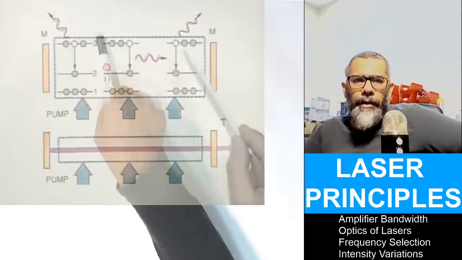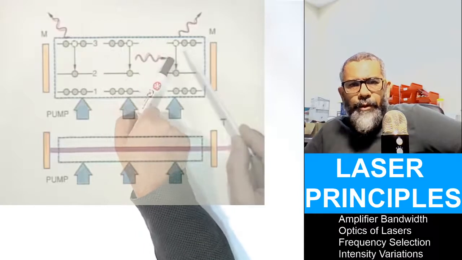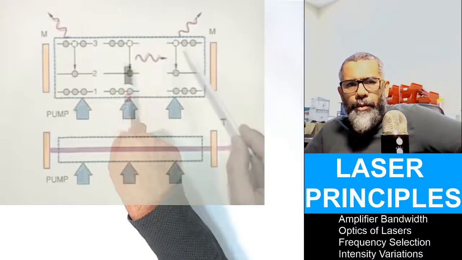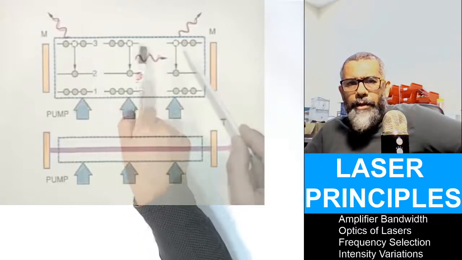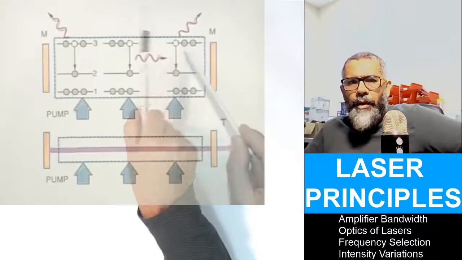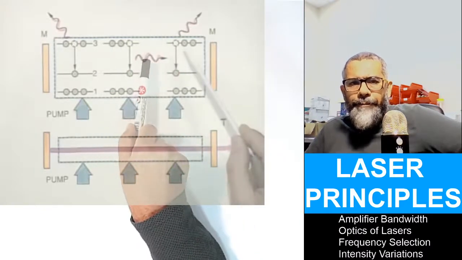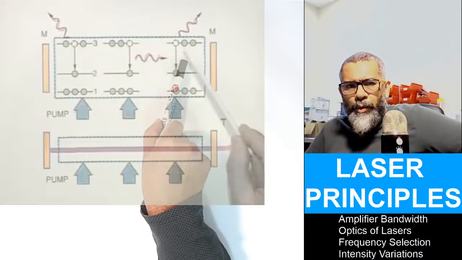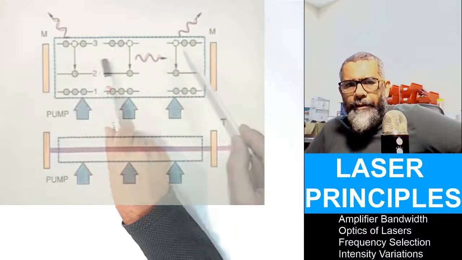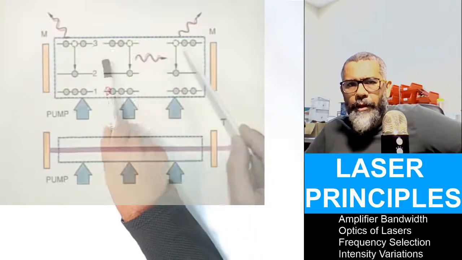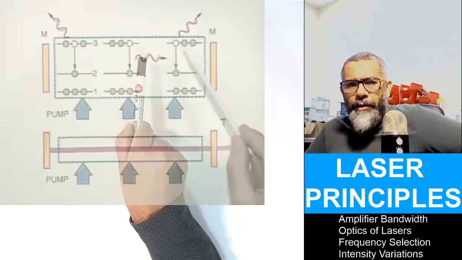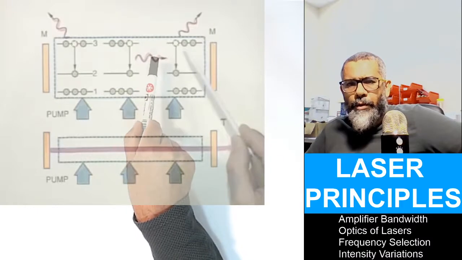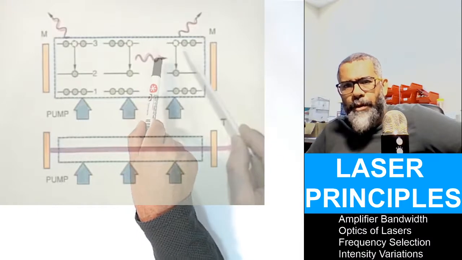So after a few photons are produced in these excited atoms, you will see that the photons that go toward the mirrors perpendicularly will start a process which is called, as we previously saw, stimulated emission.